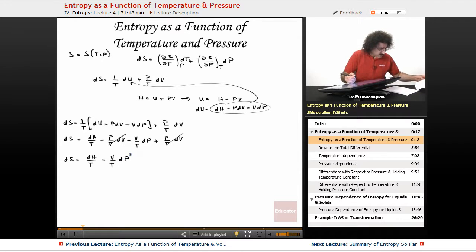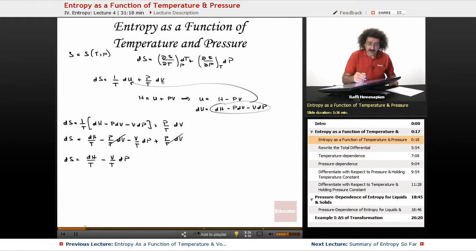Okay? So I have this. This is just another version of the fundamental equation, just manipulated with respect to enthalpy and energy. U is here. U also shows up in the definition of enthalpy. So this is just the version of the fundamental equation of thermodynamics involving enthalpy instead of energy.